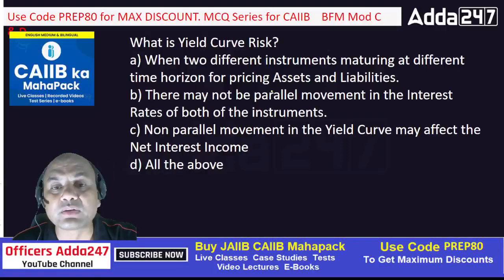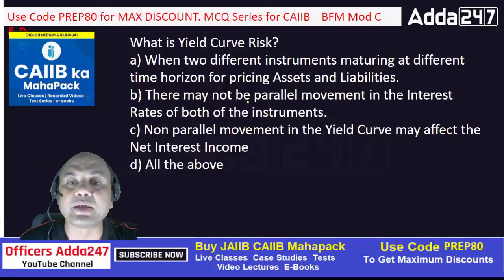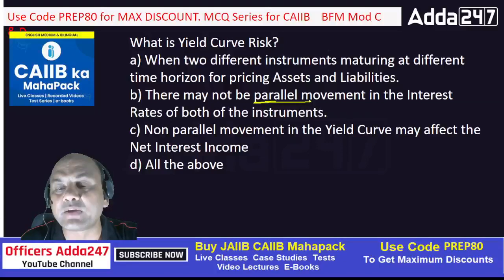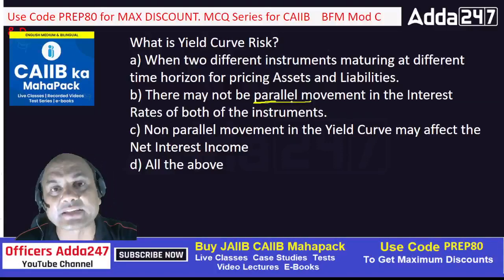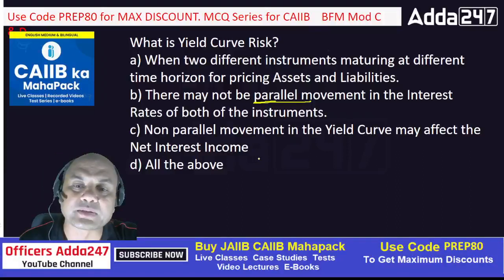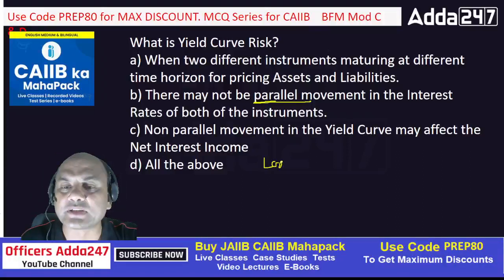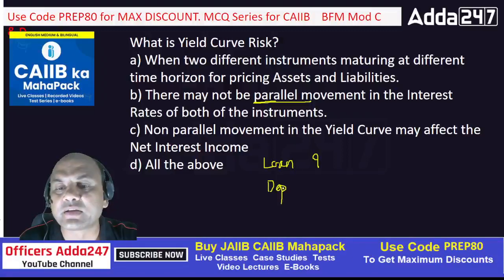There may not be a parallel movement. What does that mean? If they don't move in the same direction at the same pace, it is called non-parallel movement. Suppose the loan is at 9% and the deposit is at 7%, then what is my NIM?